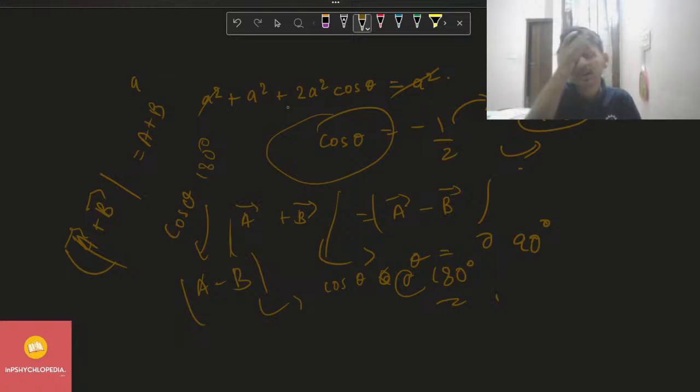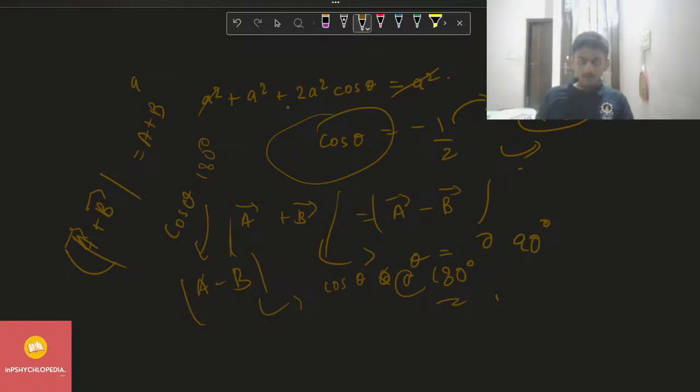So that is the maximum value of a plus b, and in a similar way it will be a minus b. You can derive it on your own, and the maximum and minimum values will come out that way only.